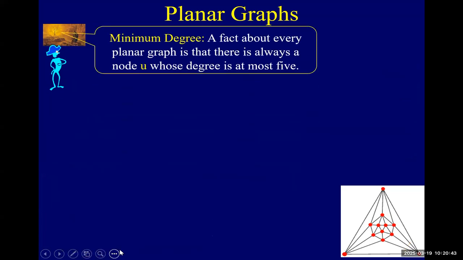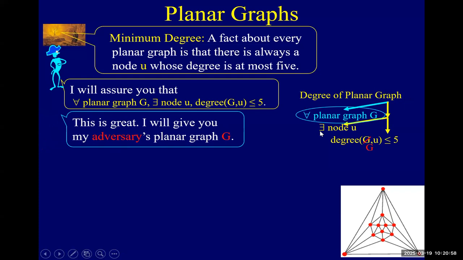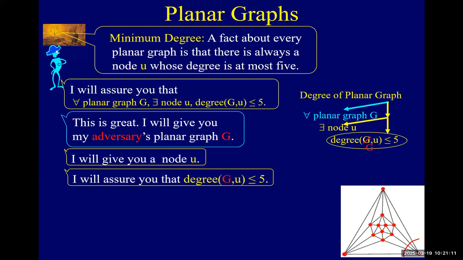So here, let's pop over to our oracle. Remember, we need to use an oracle. Our oracle has to say that there is such a node, right? Our oracle's assuring us of this. So we give the oracle our graph with I nodes that we got from the adversary, and she gives us a node of degree 5 or less, right?